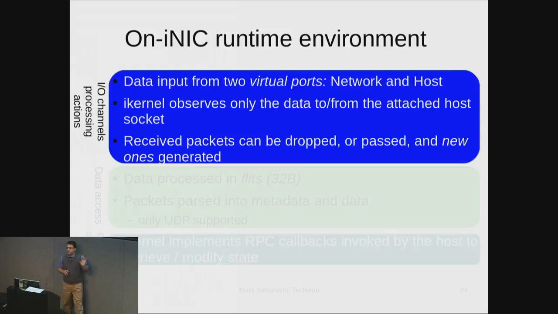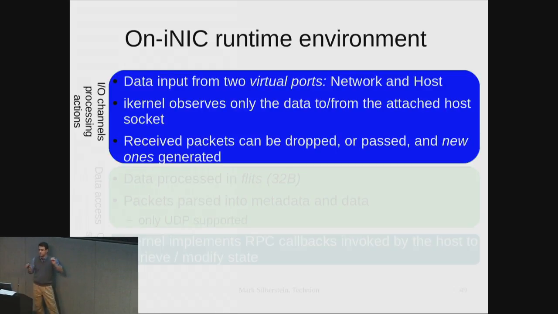So the data input is coming from 2 virtual ports. And why are they virtual? Like host and network, 2 sides. Those are virtual because they're actually shared across all the ikernels as well as the bypass. And so it is the responsibility of GAON to multiplex those in a way that would prevent abuse of these interfaces or denial of service and stuff like that.